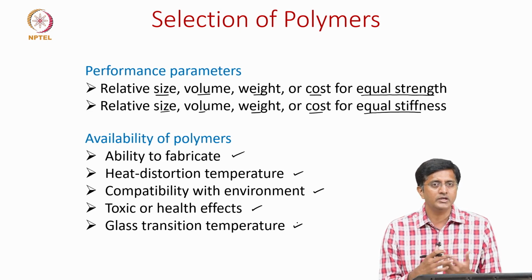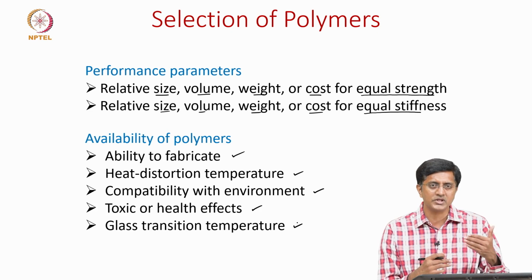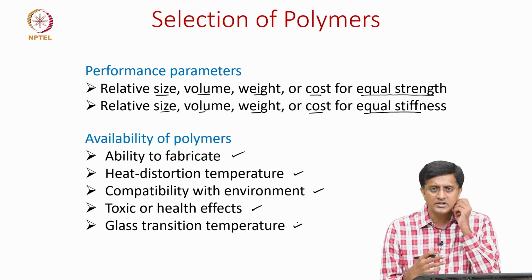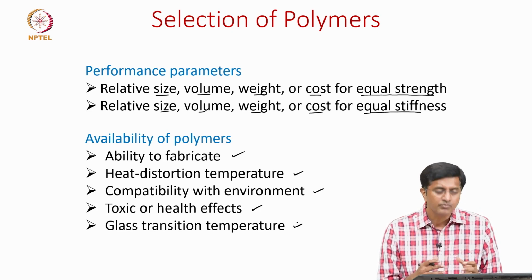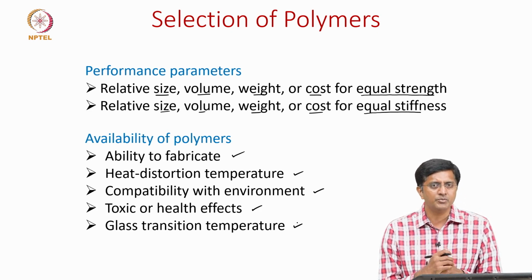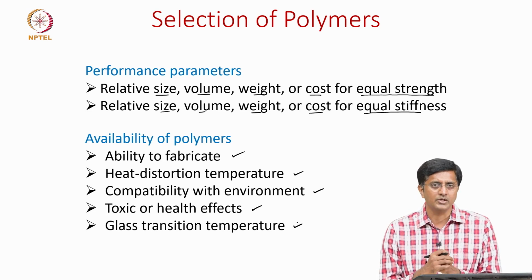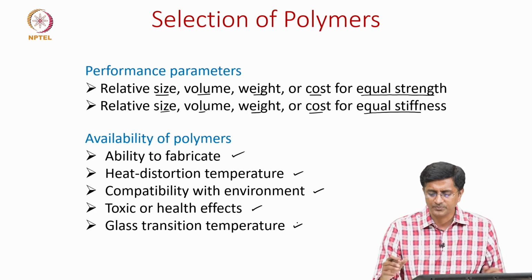So, how do we say a particular polymer is good or bad? It all depends on how much energy it can take. So, what I am trying to say is these are only a few of the important parameters to keep in mind, but it all depends on the application and the nature of the load, where we have to come back with a new selection criteria for these polymers.